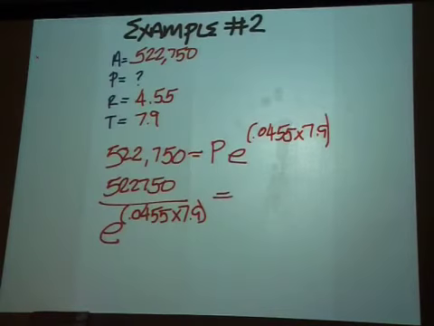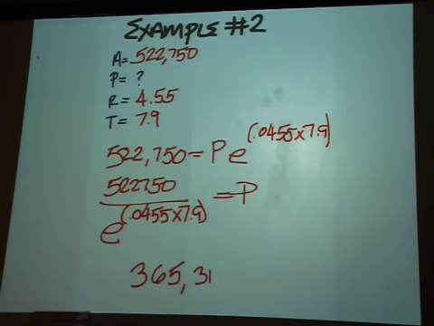And in the calculator, you can see on the calculator screen behind me 522,750, and then we're going to divide that by and put in a left-hand parenthesis, 2.71 caret, left-hand parenthesis, 0.0455 times 7.9, and finish it with two right-hand parentheses. You'll come back with an answer of $365,311.40.